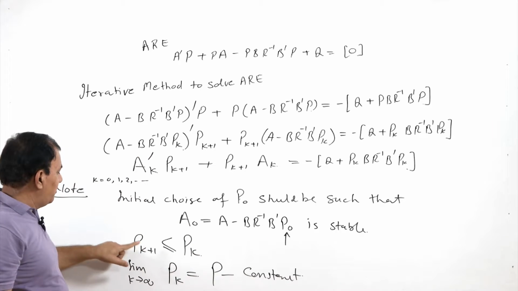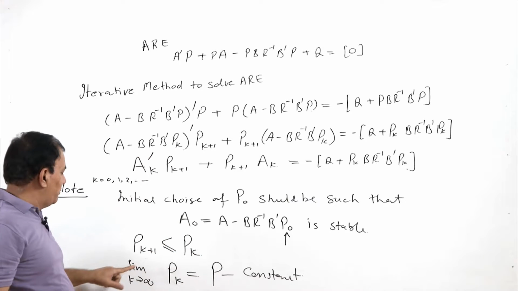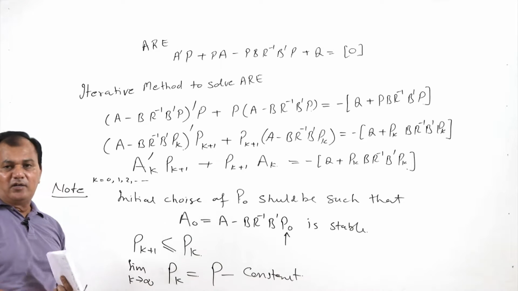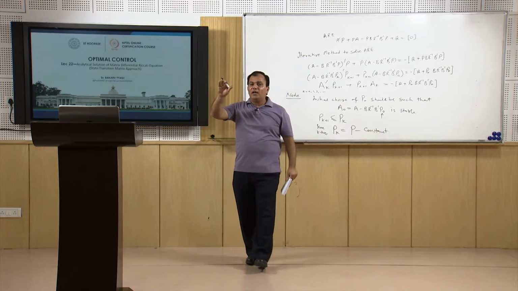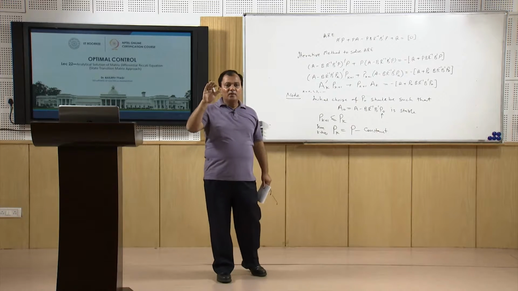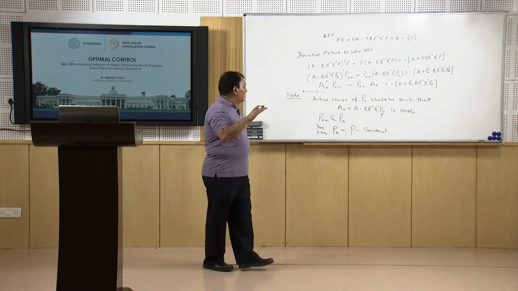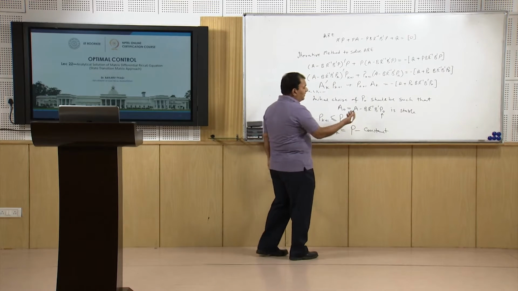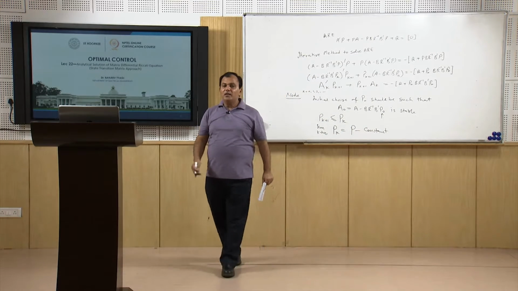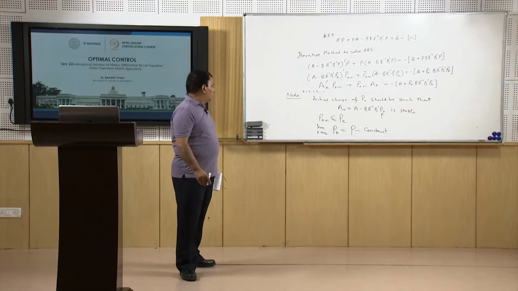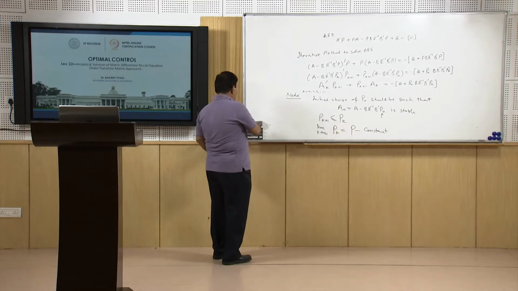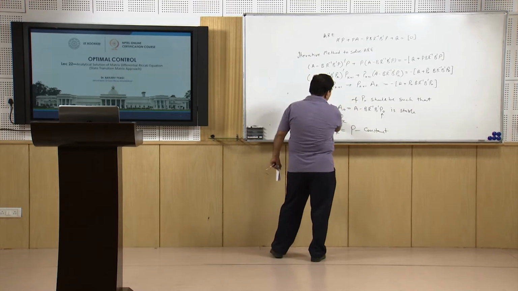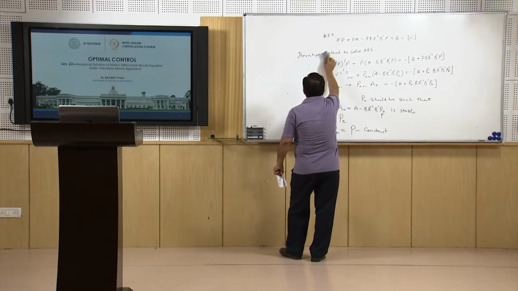I have to ensure Pk plus 1 is less than or equal to Pk as k approaches infinity. After a few iterations we find that my P value is a constant value. As P becomes constant, we stop the iteration, and that will be my choice for P, which is my Riccati coefficient. By this method we can find the P.